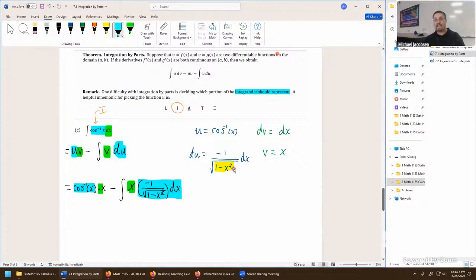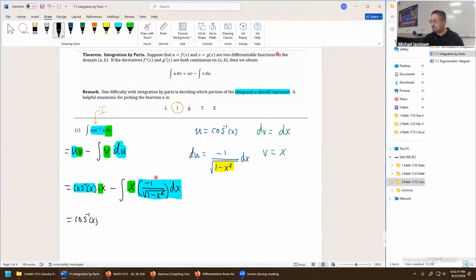So I'd argue that this algebraic form here is slightly reduced in complexity. Now we have to solve this integral. And sometimes a good strategy here is, before you give up on it, see it all the way through. We can solve this one, even though it looks kind of messy altogether. It's not integration by parts a second time. Even though there's a function multiplied by another function, we can fix this one. We can rewrite this as cosine inverse x.